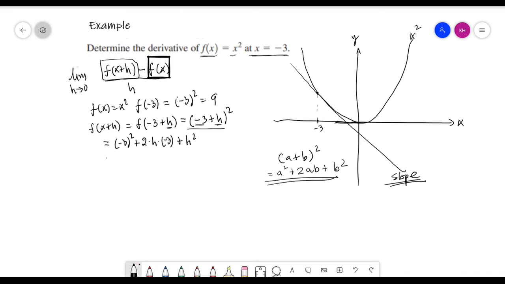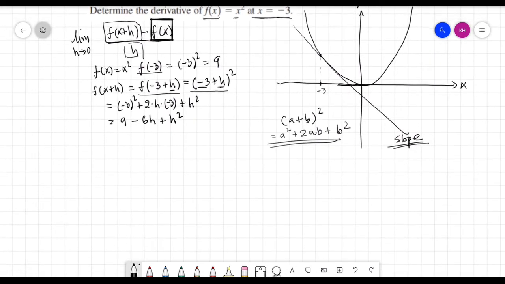If I simplify further, this is going to be 9 minus 6h plus h square. Now I have f of negative 3 plus h, and I also have f of negative 3. We're going to put all of them together into the formula, and we're not going to put the value of h as 0.001. Instead, we're going to keep h as h.